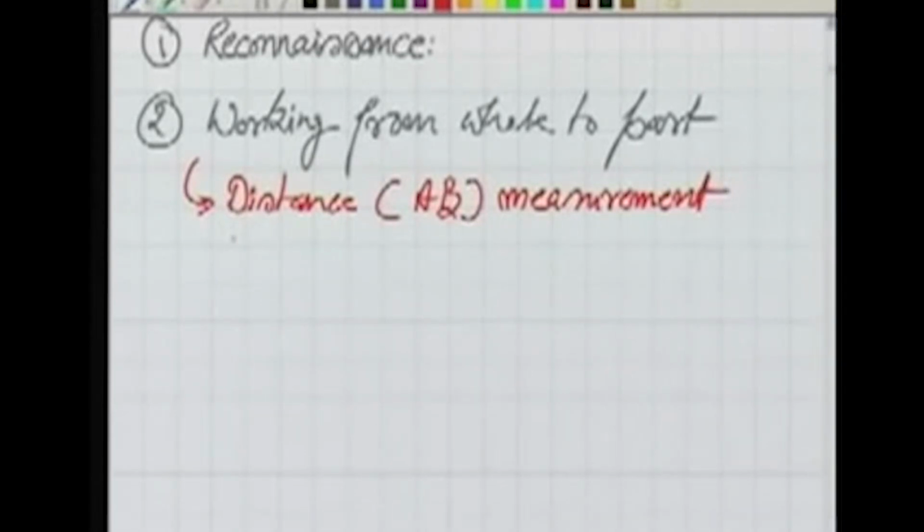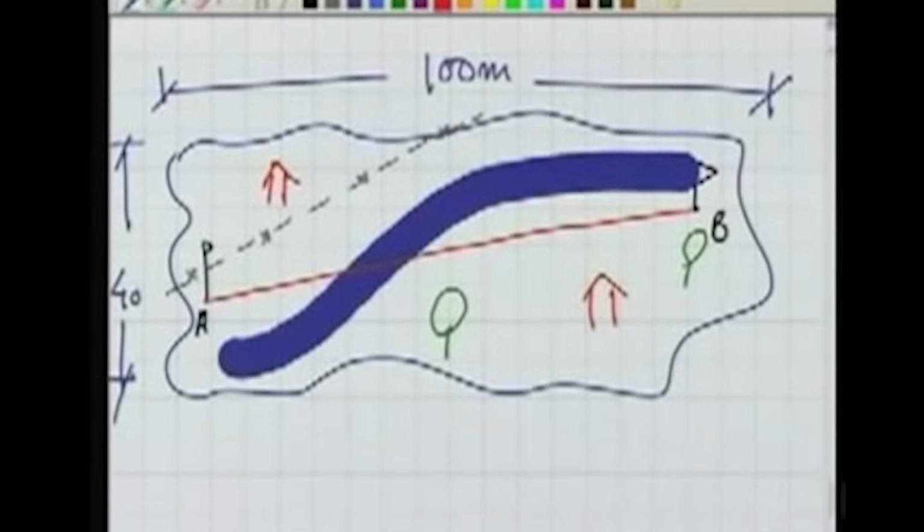Another principle which we are going to make use of here, we measure this distance not only once. We start from B towards A, we take a couple of measurements, we start from A, go towards B, again we take a couple of measurements. So for the same length AB, you end up having 5 measurements, 10 measurements and so on.